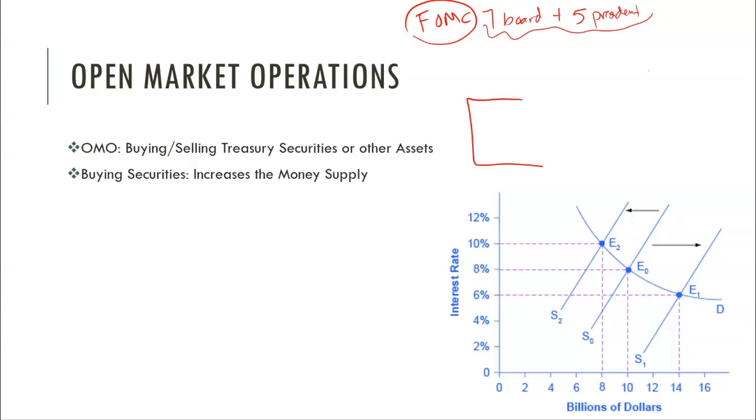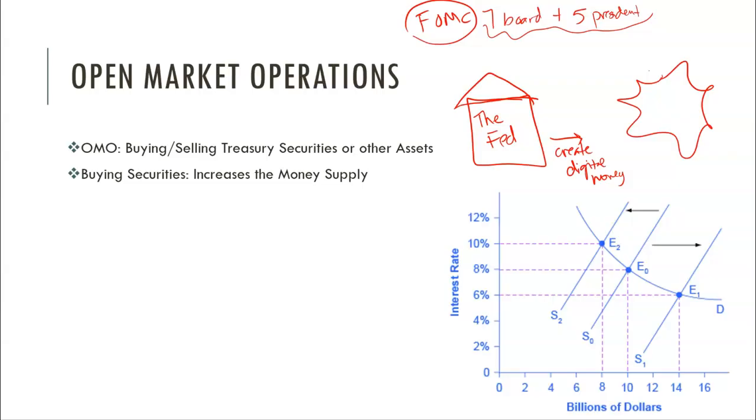Okay, so I'll draw this, this will be my Fed bank. And they want to increase the money supply. So they're going to create digital money, and then they're going to use it to purchase securities from the rest of the economy. So this could be the government, this could be individual investors, this could be from, you know, large banks, whoever owns these assets.